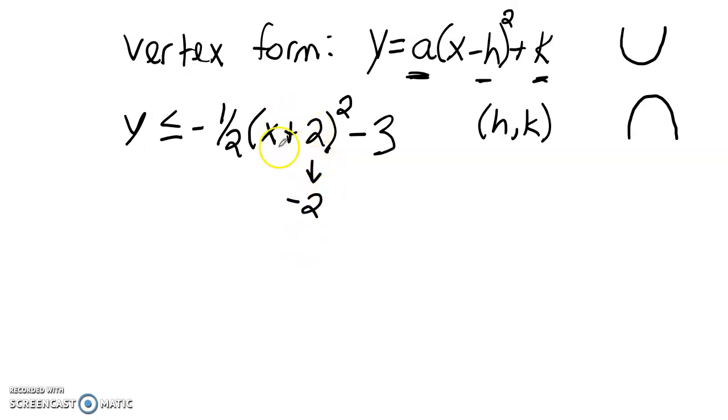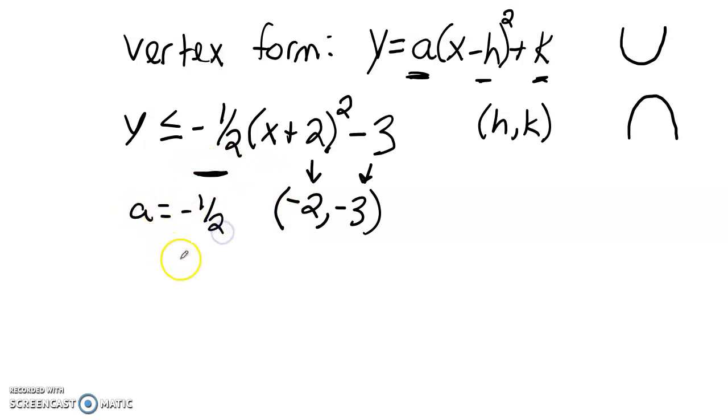And in general, guys, your h will always be the opposite of what you see in the equation. Okay, so my h is -2. My k is -3. So that's my vertex. I also know that my a is -1/2. That tells me my graph is opening down.